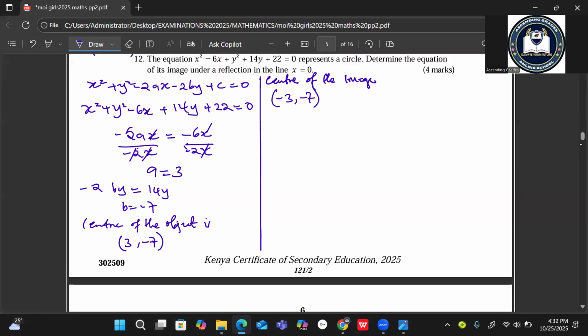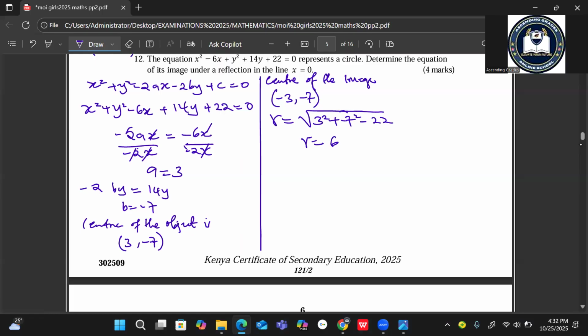Now R is equal to the square root of 3 squared plus -7 squared, then minus 22. Then our R, we have it as 6.